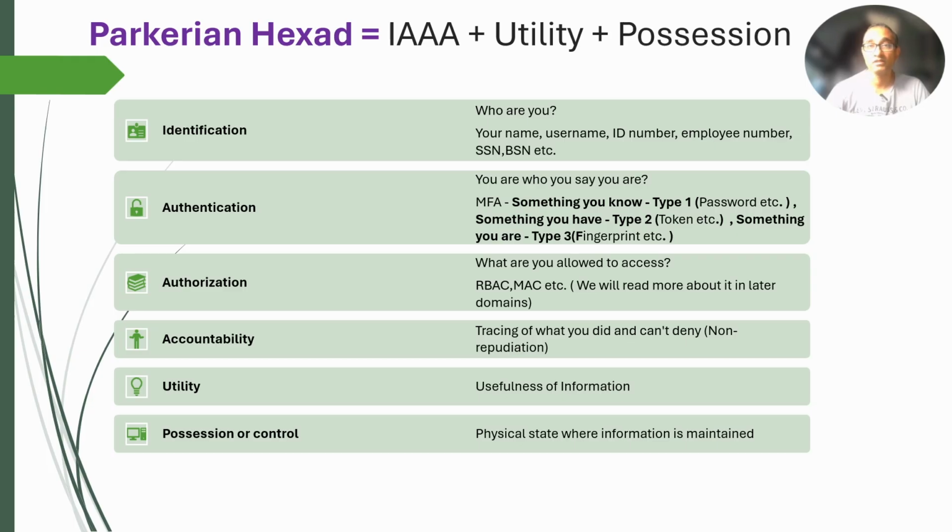For example, it assigns identification, authentication, and authorization, which are part of the access control framework required for confidentiality and availability, and in part, integrity. It also fixes the accountability part, which is important in the integrity aspect, for example, digital signatures. And it also talks about the utility and the position of controls, which is an important concept for your availability criteria.